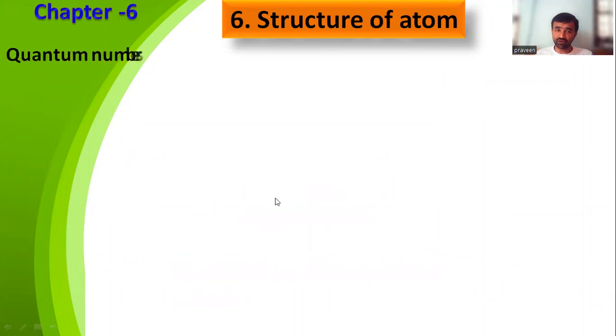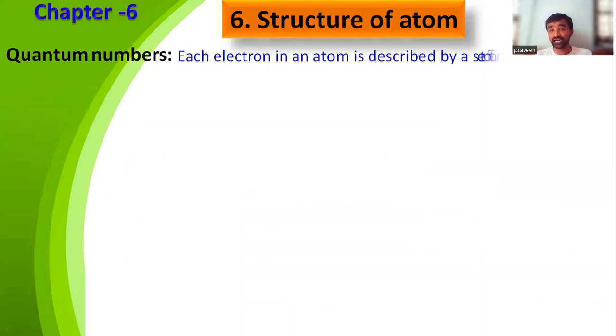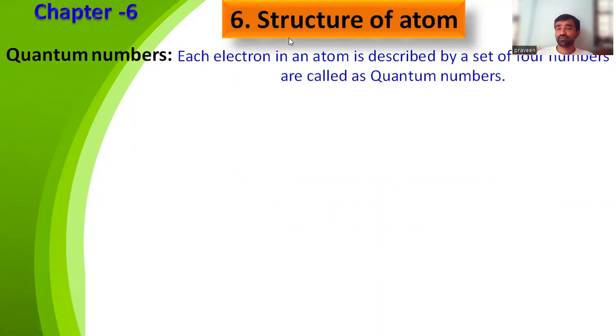After that, in the quantum mechanical model, to understand the electrons, we depend on numbers. Each electron in an atom is described by a set of four quantum numbers. Quantum means measurable, so we are able to measure it.